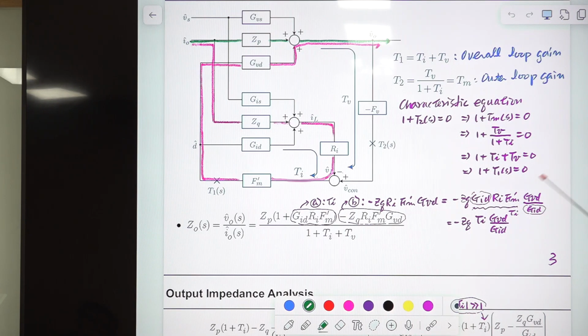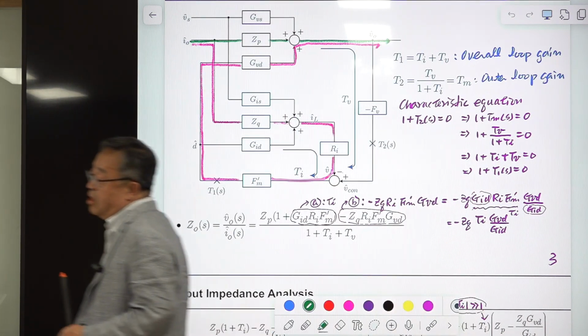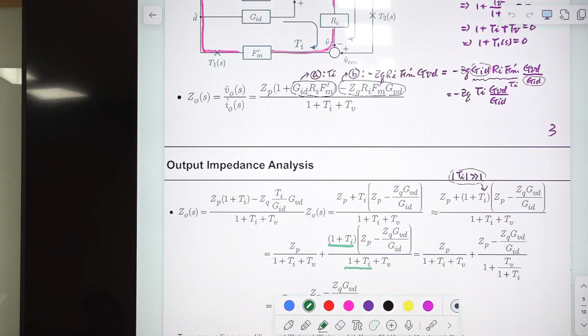They cancel, same thing. But this one becomes what? This one is Ti. So we have Ti here, and an additional term appeared here. Then this expression becomes this one, the same thing.